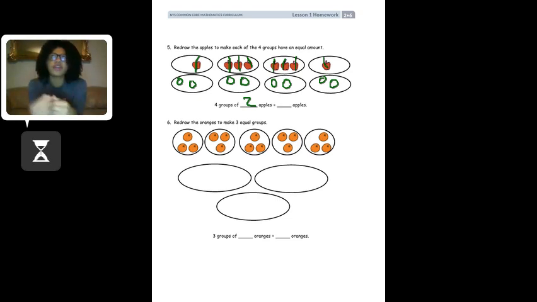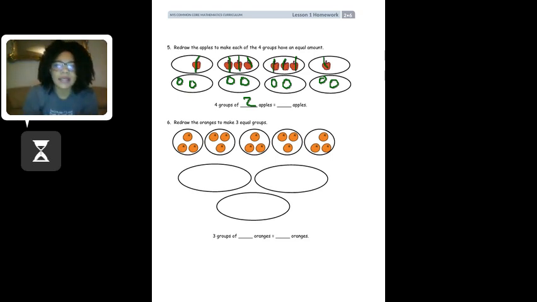But I know that there's 2 apples in each basket, so I'm going to add 2 plus 2 plus 2 plus 2 equals 8. Because if I have 2 apples plus 2 more apples, that's 4, plus 2 more apples, that's 6, plus 2 more apples, that's 8 apples in all.